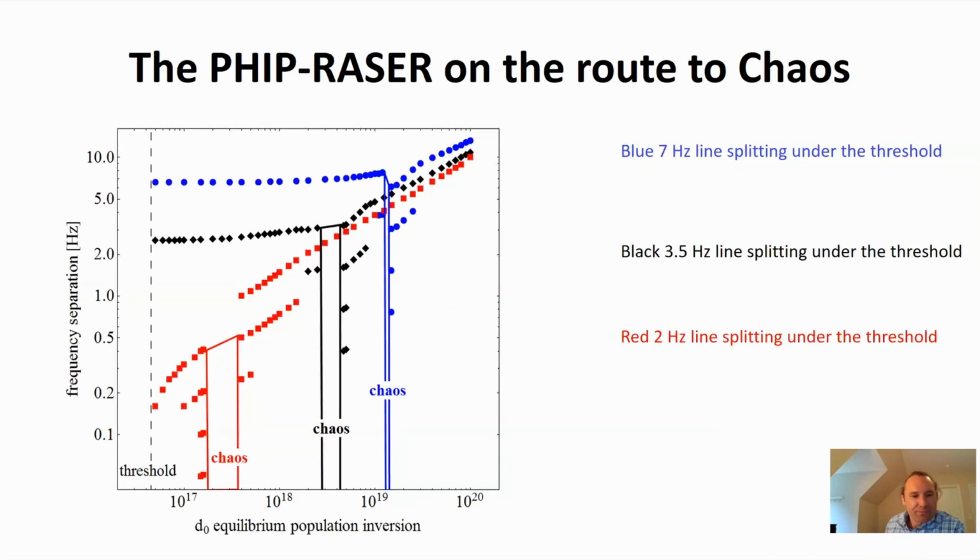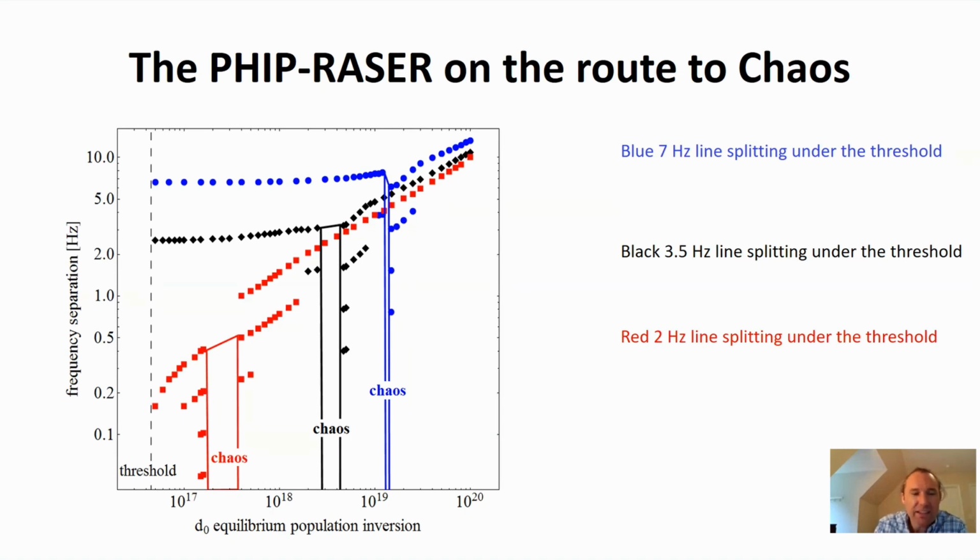And so what is presented in this paper is that depending on the line splitting, or essentially the J coupling in these molecules, this behavior is predictable. You can exactly calculate and predict how much these line splittings in these frequency combs or in the single spectra are going to be, and also at what point of the polarization or the equilibrium population inversion, which is shown in the bottom of the graph, you get into these chaotic regimes.